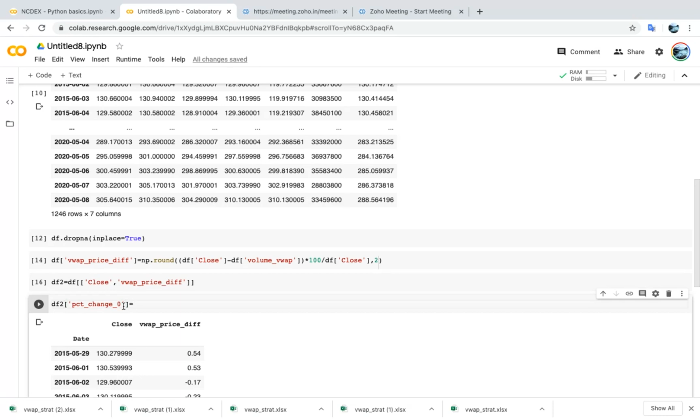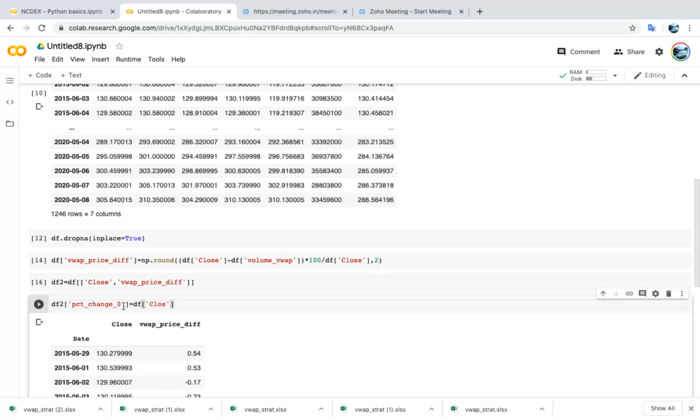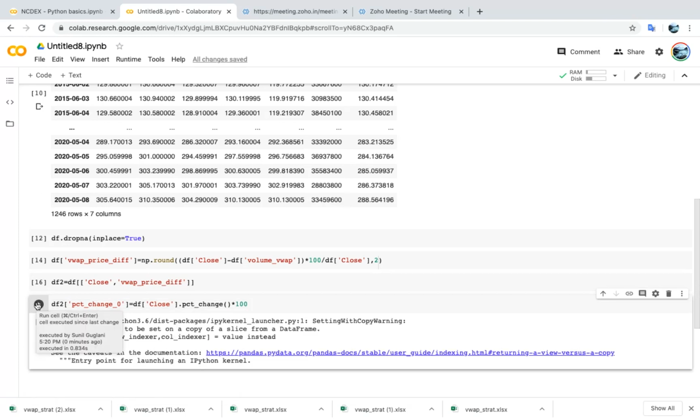So if I have to calculate percentage change since last day, what will I do? You remember yesterday we have seen one function, percentage change, that also belongs to data frame. So multiplied by 100. What is it saying?